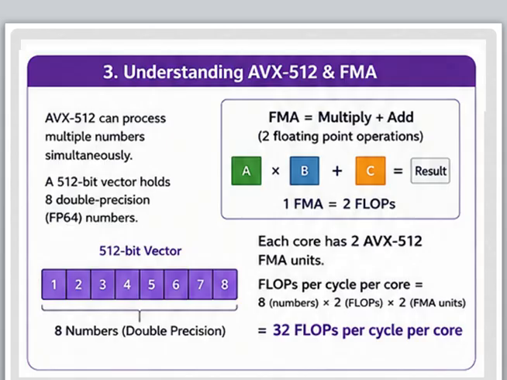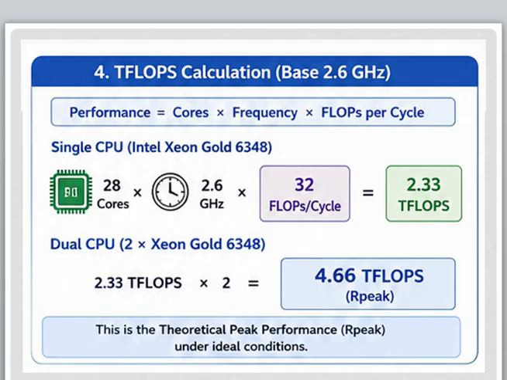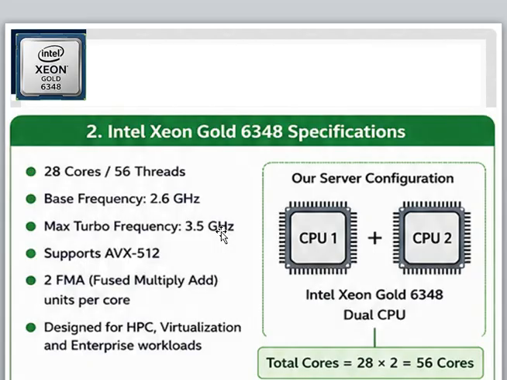Let's now move to the teraflop calculation. As we have said, we have taken the Intel 6348. We can calculate any processor using this simple formula: the number of cores, multiplied by the frequency or clock speed of the processor, multiplied by the flops per cycle, as we have seen in the previous example.